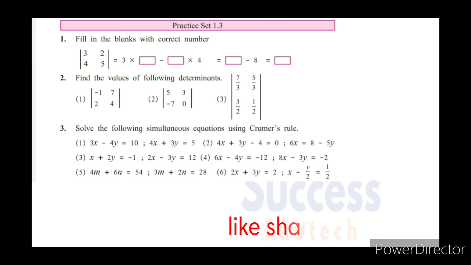Now let us take one example from your exercise. Solve this determinant: 3 into 5 minus 4 into 2. So we get 15 minus 8, we get 7 here.